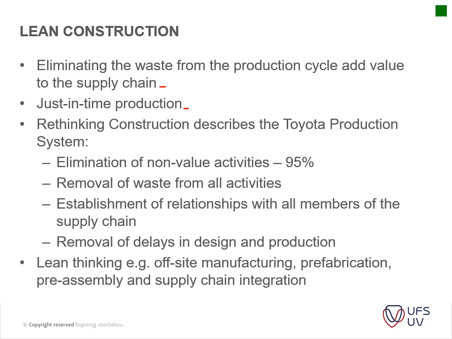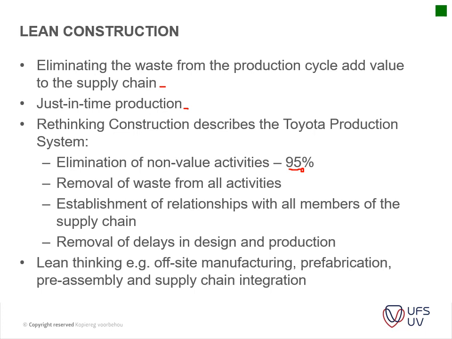Okay, so Rethinking Construction describes the Toyota production system. The main focus of this is that they could eliminate non-value activities like moving material from one side of the site to the other, cleaning it, keeping it nice and clean, and they could save about 90% of all of these activities.